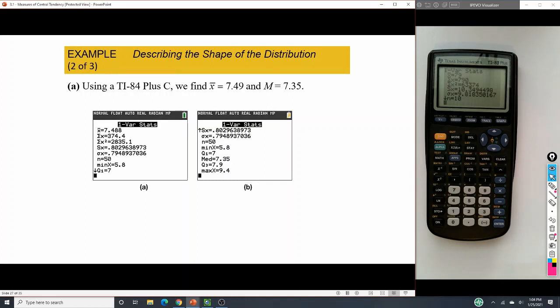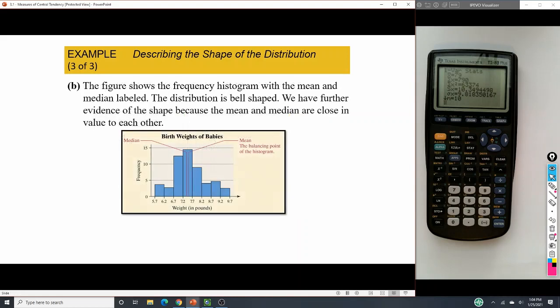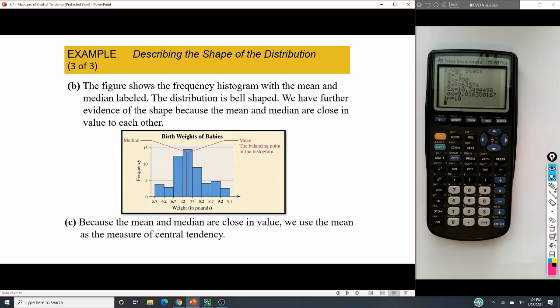All right, so when we're doing that, we find that both the mean and the median are kind of in the middle. This one is what we would call somewhat bell-shaped with those. So either one of these would be good for describing this data. Okay. And so typically the mean overrides when that's the case.